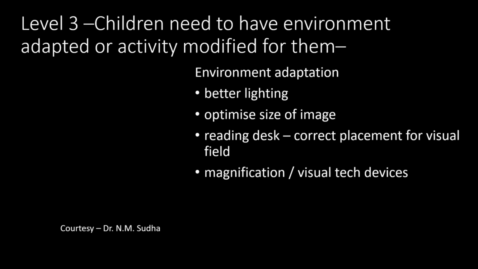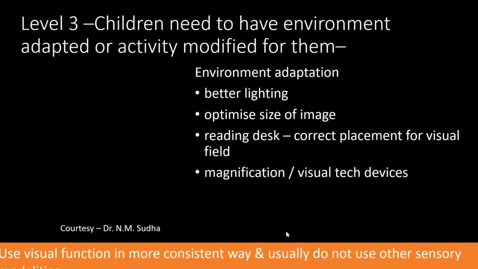Similarly, the food on the left side of the plate may be missed. So these observations you should make frequently, and then you shift the food to the right side of the plate. Third is magnification or visual tech devices. After doing all these modifications, children use their visual functions in a more consistent way and do not require other sensory modalities like touching or someone calling out the name or some sounds to gain their attention.